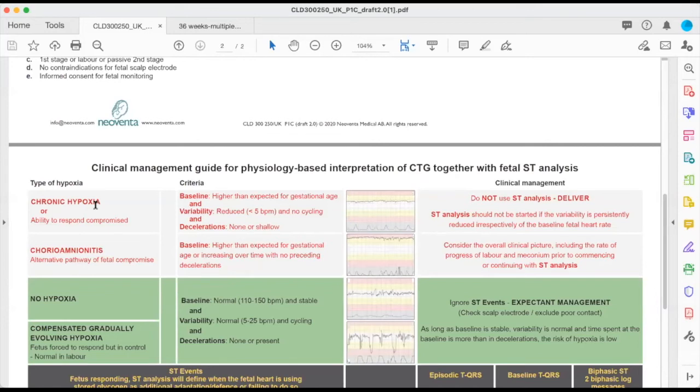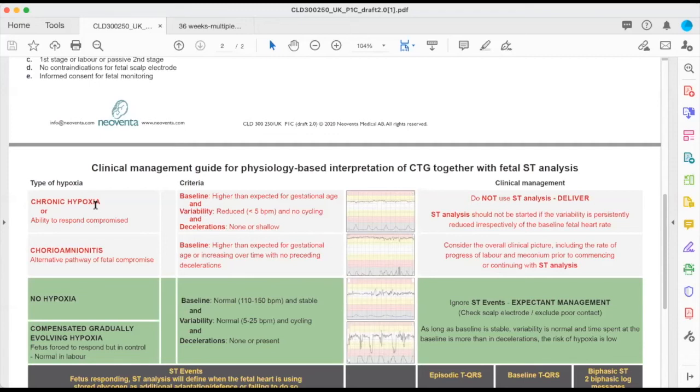The machine is trying to compare the baby's ECG to itself. It's not comparing it to a population of babies, which is why if you put it on a chronic hypoxia, the machine is now assuming that this chronic hypoxia state is the norm. And this baby has to be much more unwell before it starts alarming.